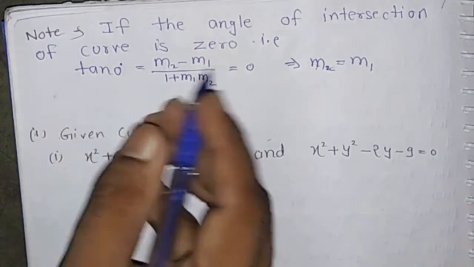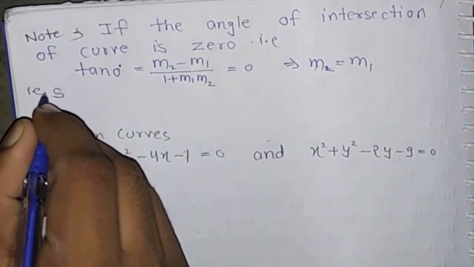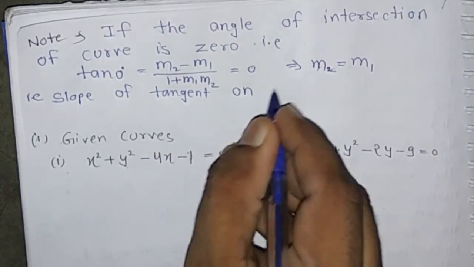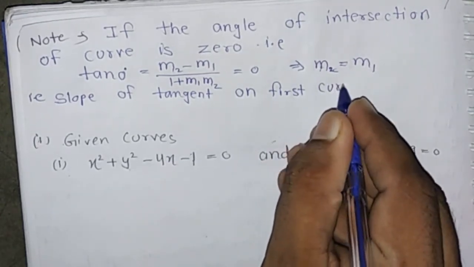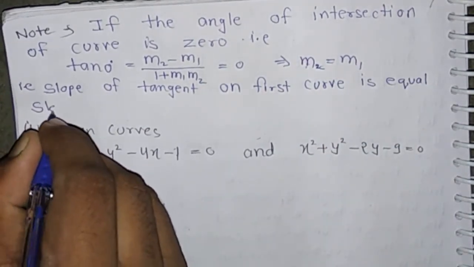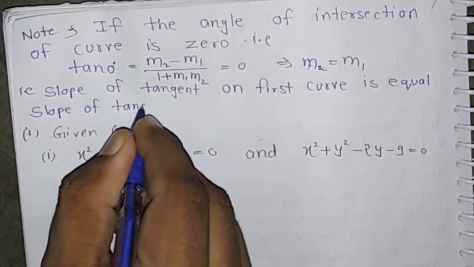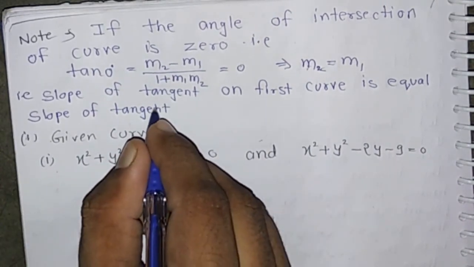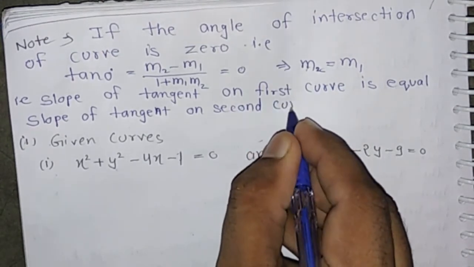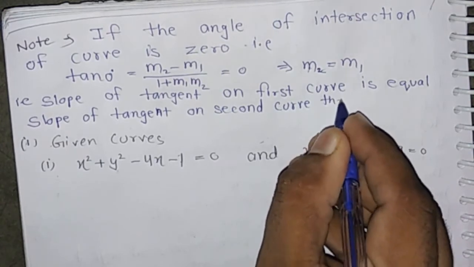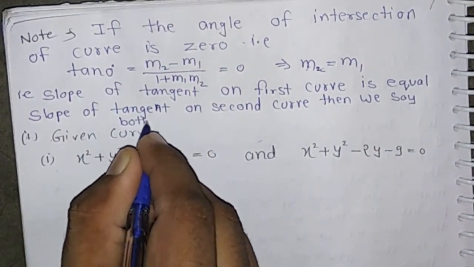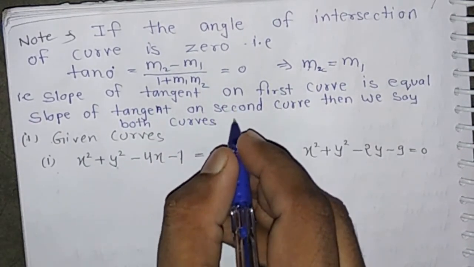That is, slope of tangent on first curve is equal to slope of tangent on second curve, then we say both curves touch each other.